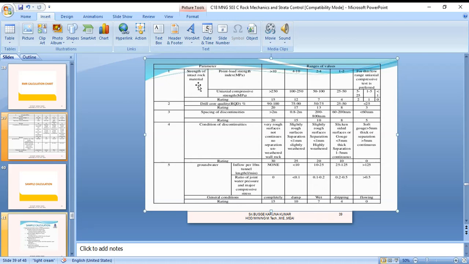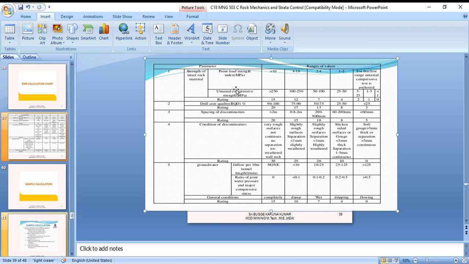So strength of the intact material, point load strength index: more than 10, ranges of the value 4 to 10, 2 to 4, 1 to 2. For this low range, uniaxial compressive test is preferred.